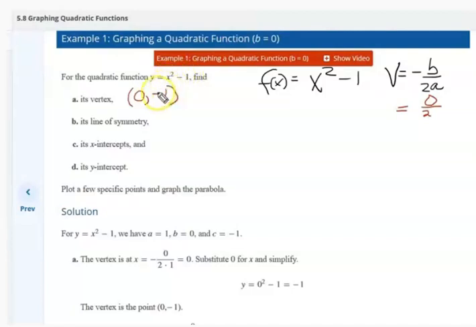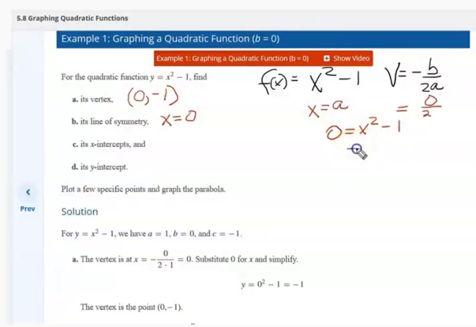Now, what is our axis of symmetry? Well, we had said the axis of symmetry is the x coordinate in the ordered pair of the vertex. So here, our axis of symmetry is going to be x equals 0. Now, for our x-intercepts, we're going to say that 0 equals x squared minus 1. Now, the text does this another way.